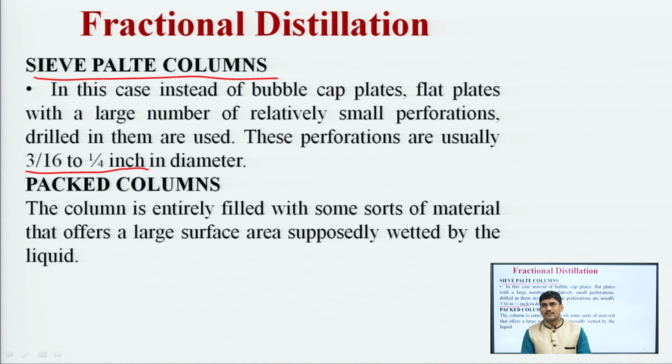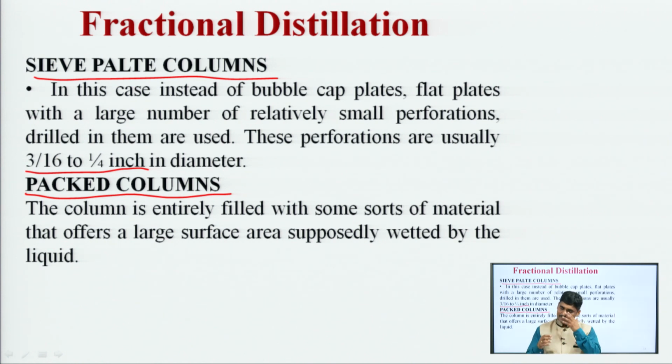Now, next is packed columns. This is the second type of fractional distillation apparatus. In this case, the column is entirely filled with some sort of material that offers a large surface area to be wetted by the liquid.